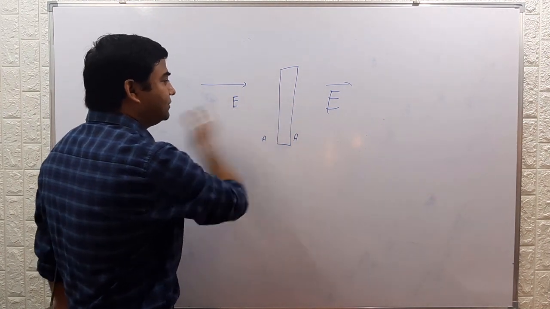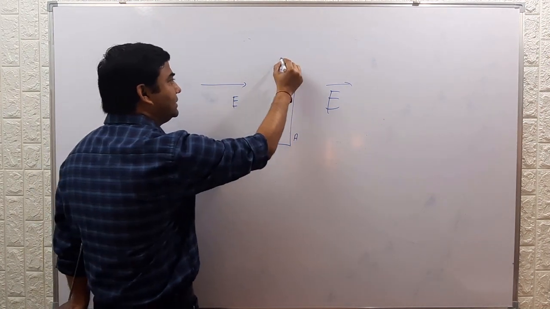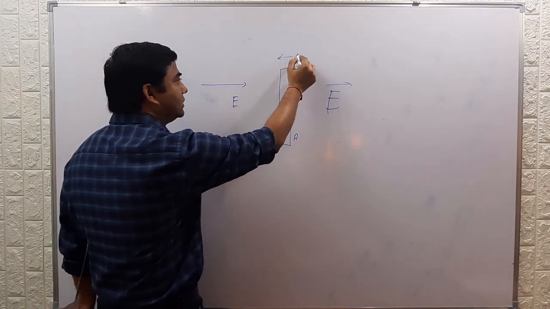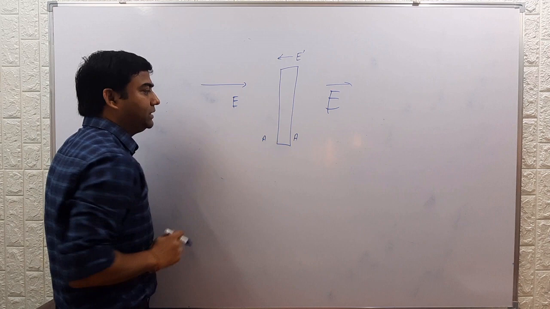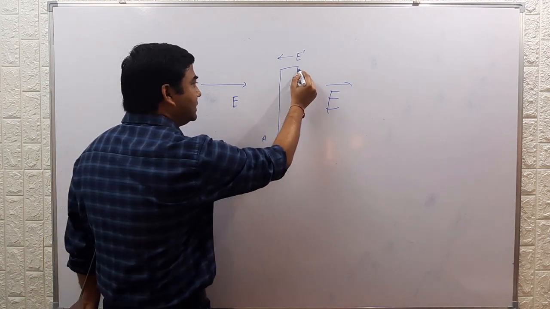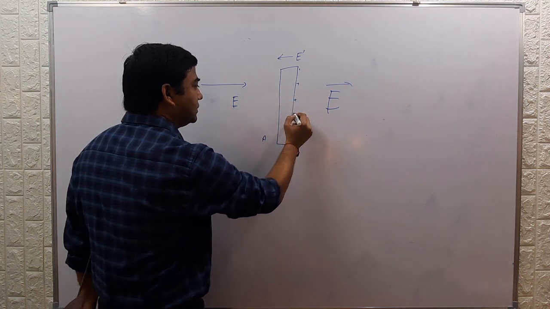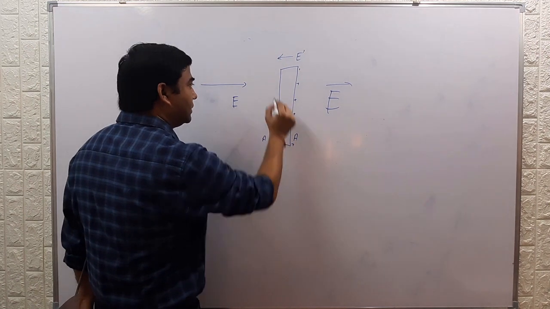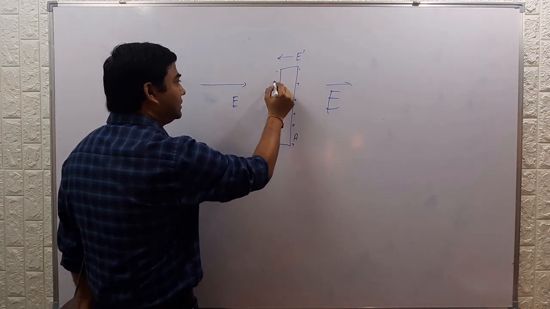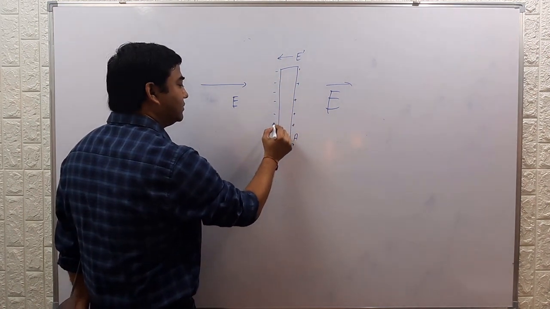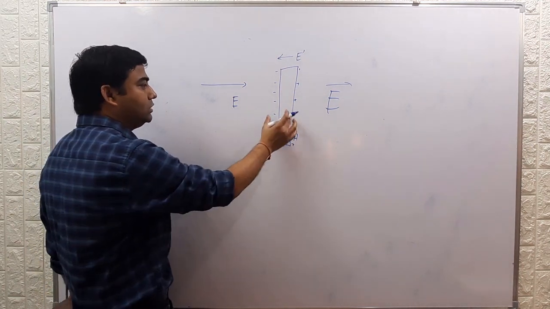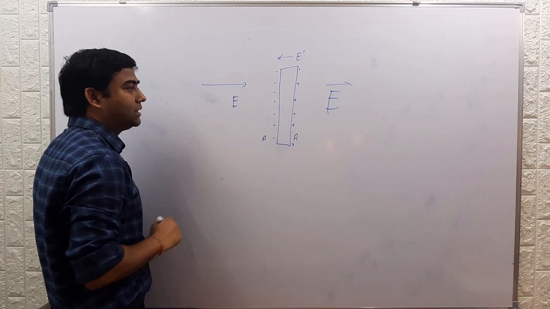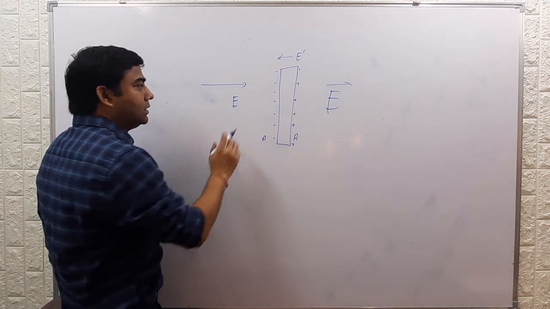So induced electric field E dash will be in opposite direction inside the plate. So this surface will have positive induced charge, and equally the same magnitude of negative charge will appear on this surface.